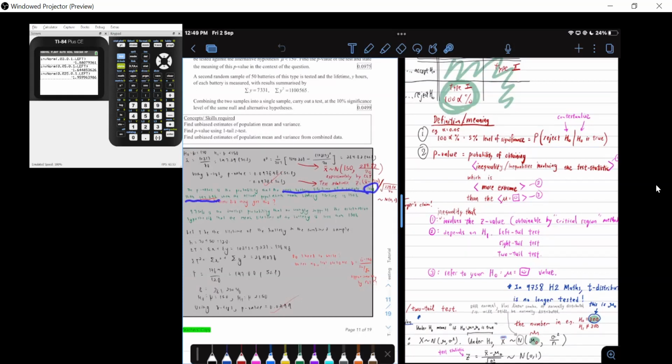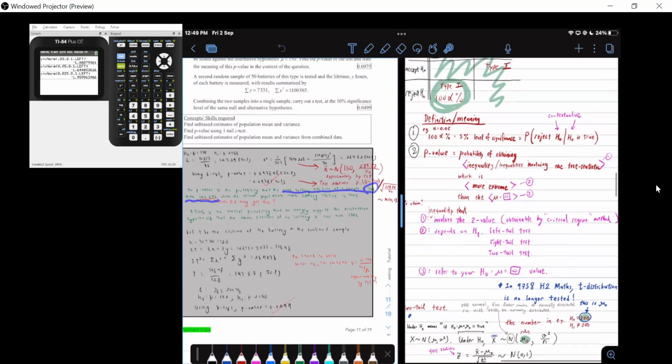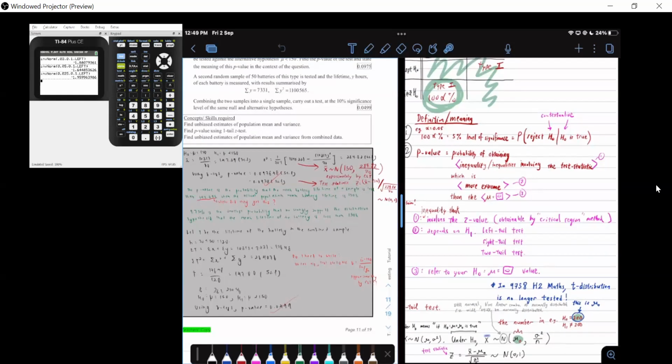That's actually the number one in my template. Inequality or inequalities involving the test statistic, which is more extreme. So that's actually 1 and 2 combined together. Here the 147.39, if I'm not wrong, that's your sample.